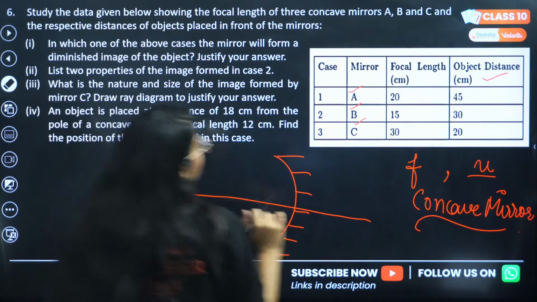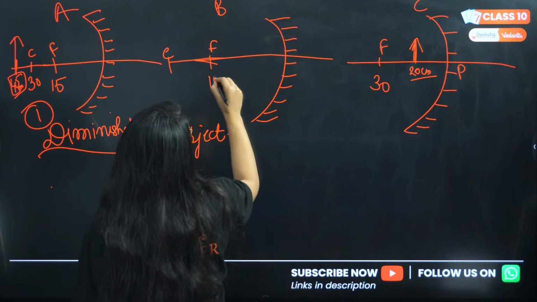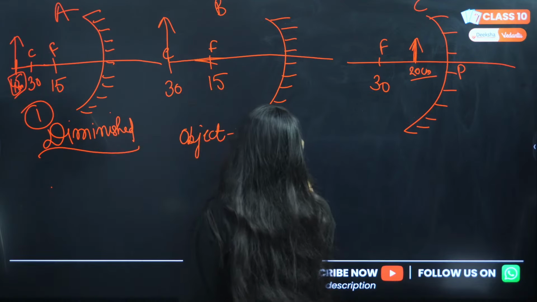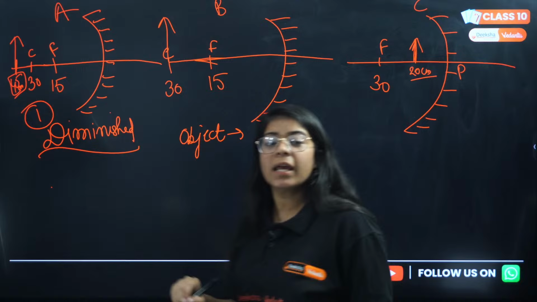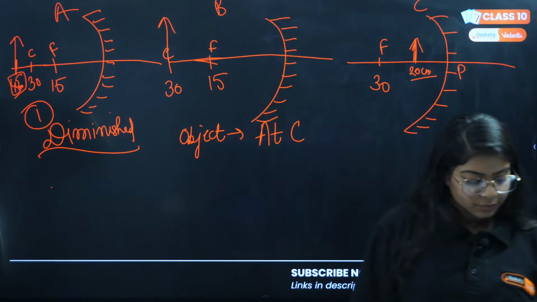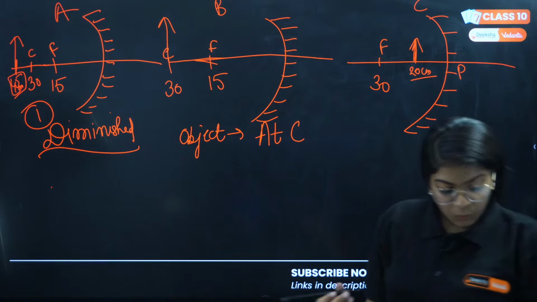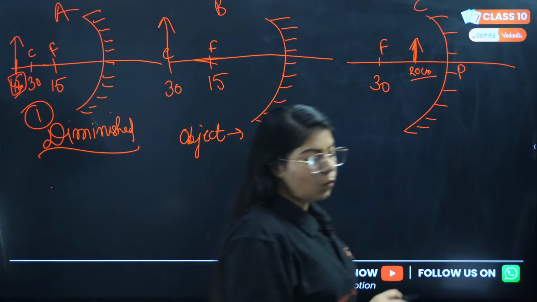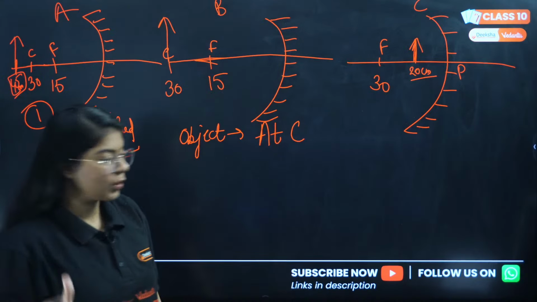They are saying that focal length is 15 and object distance is 30. Focal length is 15, so the radius of curvature is also 30 and the object is also at 30. So my object is at the center of curvature. Now answer: what will be the nature of the image formed when the object is at the center of curvature in a concave mirror?